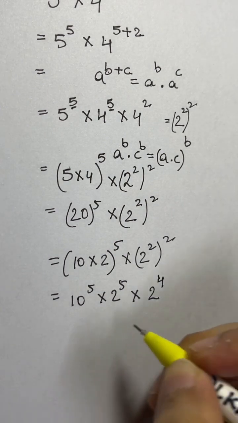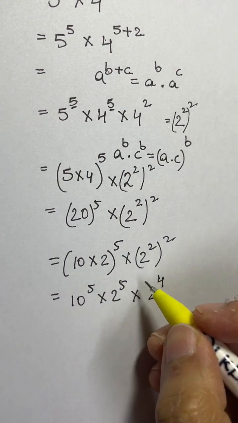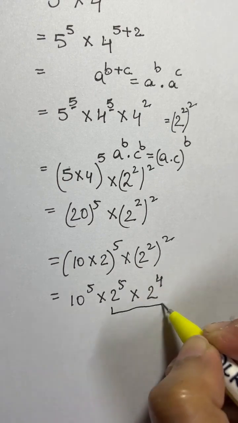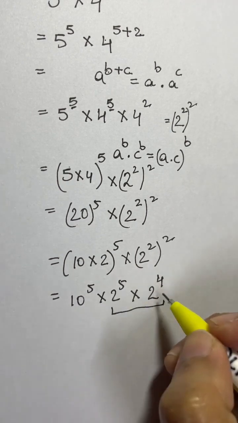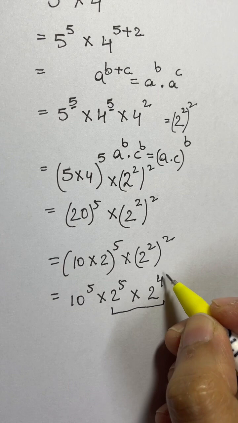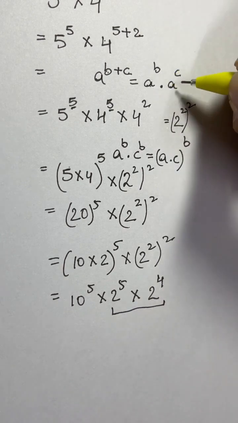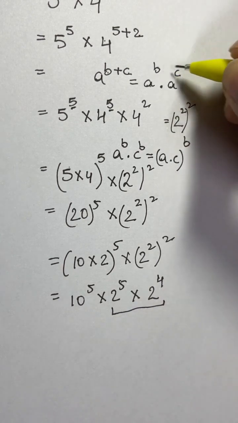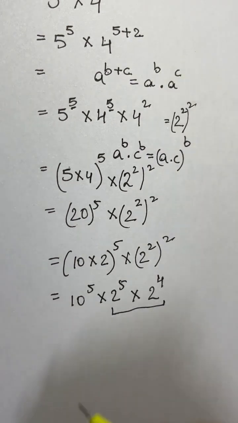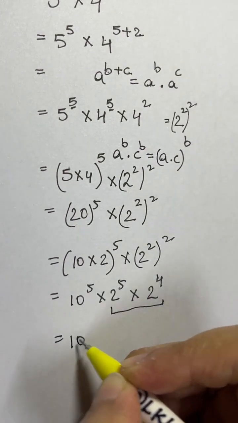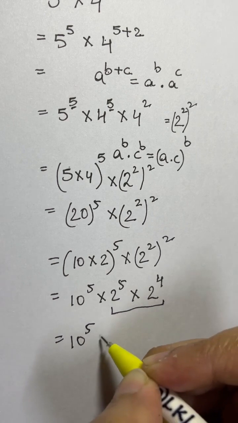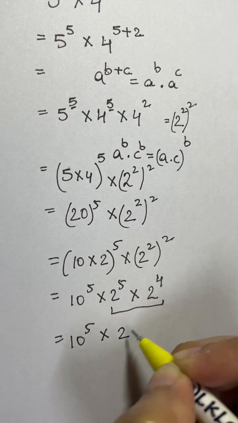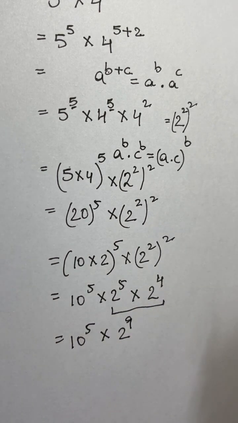Alright, now what do we do in this step? Multiply these two together. You have same bases, so what happens to the powers? They get added up. Same base, different powers, you add the powers. So you have 10 to the power of 5 times 2 to the power of 9.